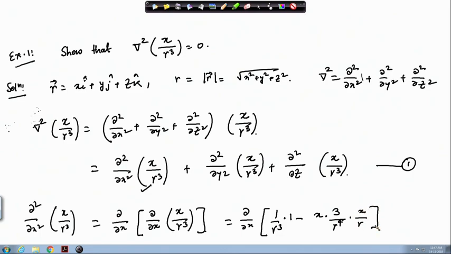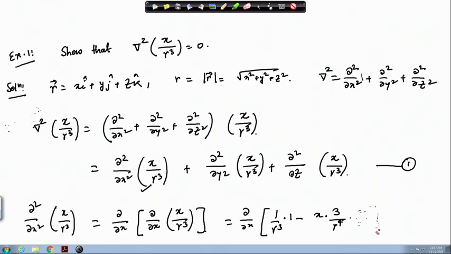Yes, because r itself is the square root of x square plus y square plus z square. First of all it will become r to the power 4, and then the differentiation of r would be 1 by square root of x square plus y square plus z square. Let me expand this a little bit to make things clear to you.